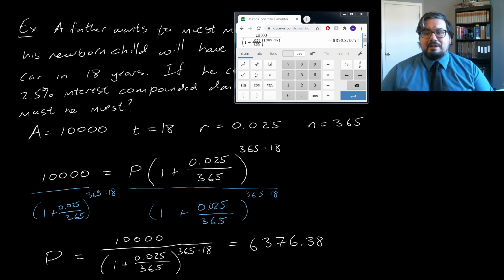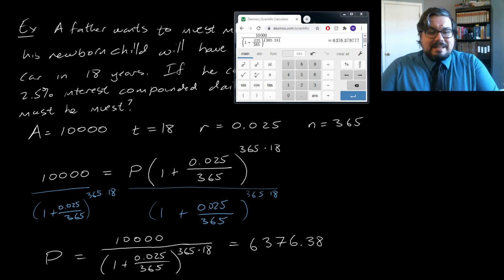So in order to get the $10,000 at the end of 18 years, given these investment possibilities, the father must invest $6,376.38 now, and he will have $10,000 at the end of 18 years.